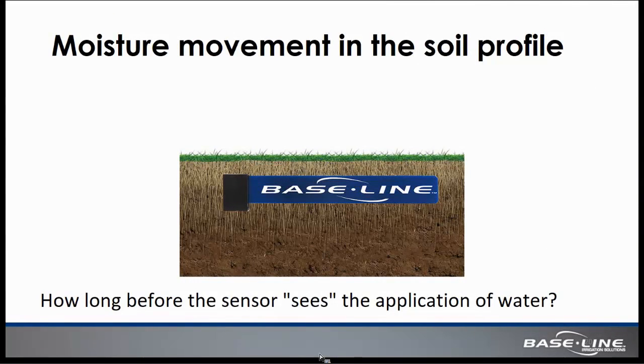One of the advantages of having this instrument in that soil structure is that it gives us the ability to see applications of irrigation move through the soil profile and the root structure of the plant material.